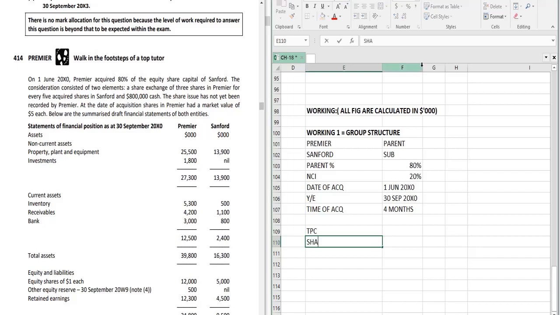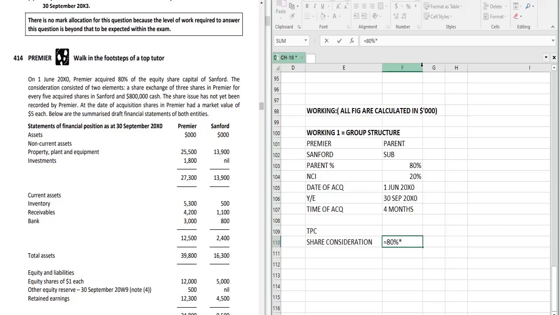The first is share consideration. So for share consideration, we will take first the number of shares acquired by the parent, so 80% of the total number of shares in the subsidiary, and we will get this figure from the statement of financial position of Sanford.